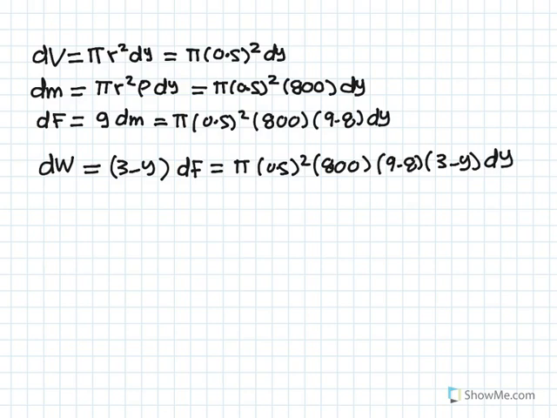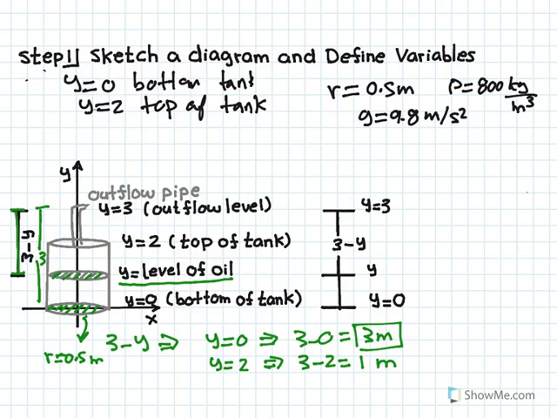So dW is the work required to pump out this thin slice of oil out of the outflow pipe 3 minus y meters. From the diagram, we found the work required to pump out an arbitrary slice at height y, a distance of 3 minus y meters to reach the outflow pipe and be pumped out of the tank.